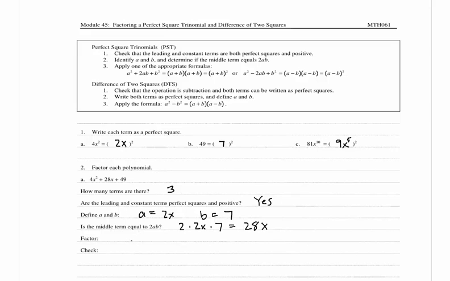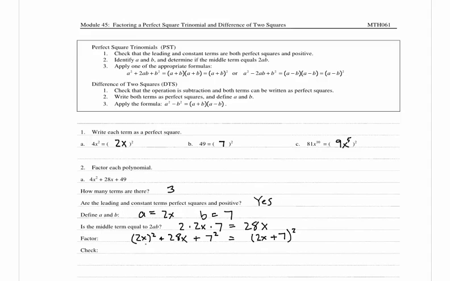So we could write 4x squared plus 28x plus 49 as 2x squared plus 28x plus 7 squared, and this is equal to 2x plus 7 squared. So we have a perfect square trinomial.